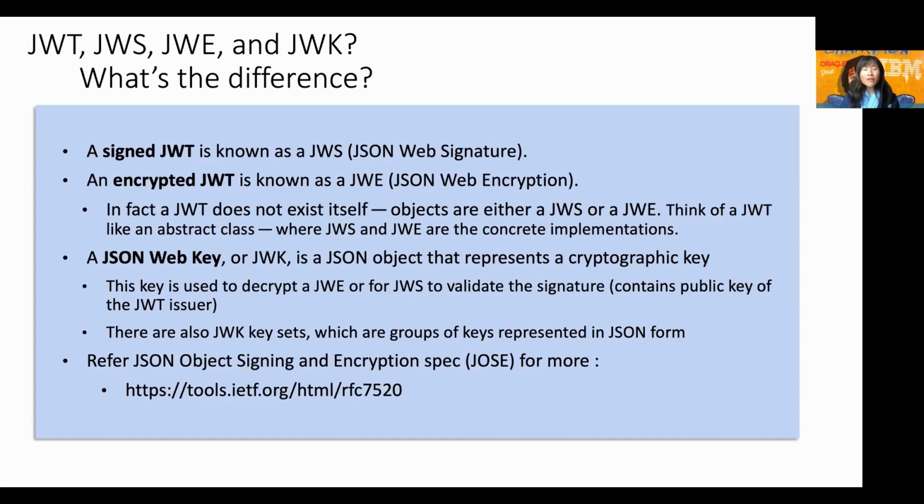So this public key can be put in the JWK. A set of public keys can also be put in a JWK set. The destination can store this key set on another server. Whenever it needs a public key, it goes to the other website, gets hold of the JWK, and is able to decode the JWT. For further information, you can go to the JOSE website to read more.